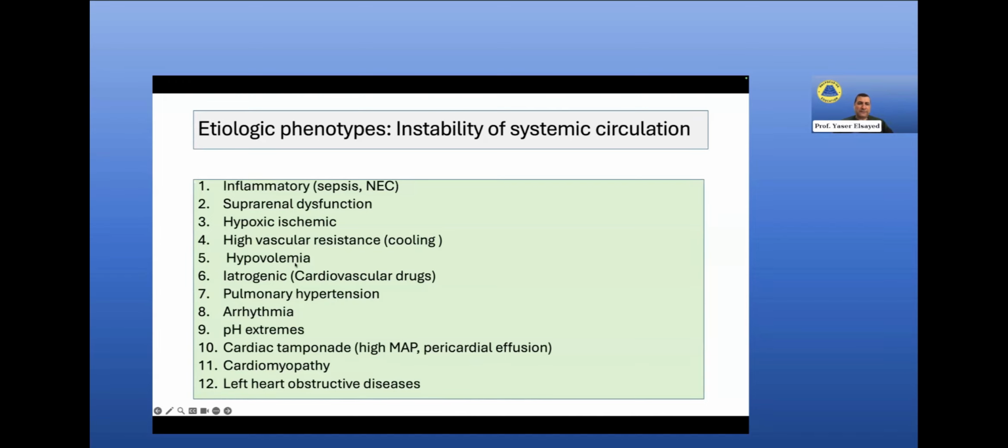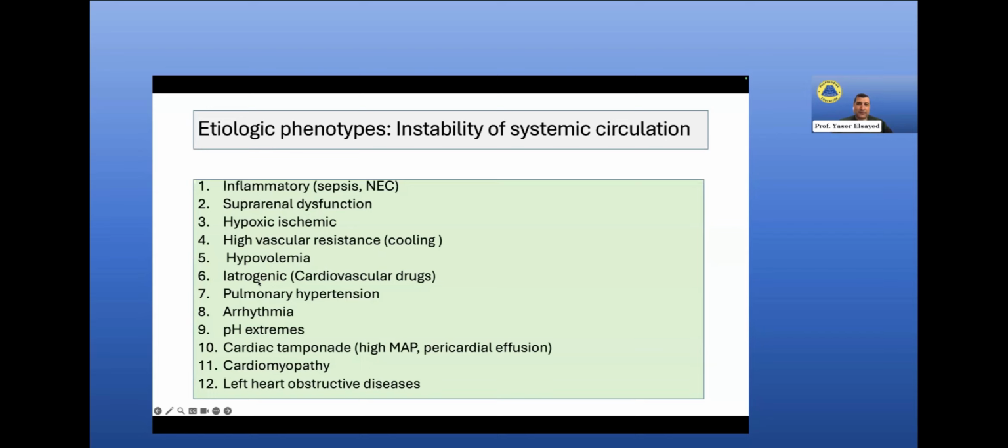I summarized 12 main etiologic phenotypes. It could be inflammatory; remember, I'm talking about etiology now, not the physiologic phenotypes. So inflammatory could be sepsis or NEC; adrenal dysfunction, especially in premature infants; HIE, hypoxic-ischemic etiology; high vascular resistance, like in cooling, which we call vasoconstrictor physiology; hypovolemia; or it could be iatrogenic.